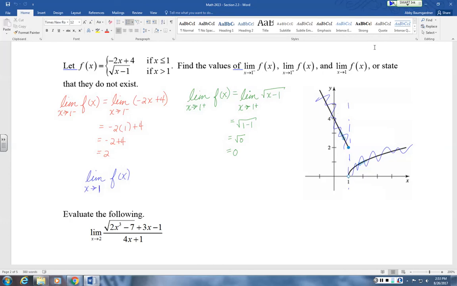So we just write the limit of f of x as x approaches 1, and then we would go look at our left limit and our right limit and decide that this two-sided limit actually doesn't exist, because from the left we get an answer of 2, from the right we get an answer of 0, so that means that the two-sided limit does not exist. Notice I erased my equal sign there.